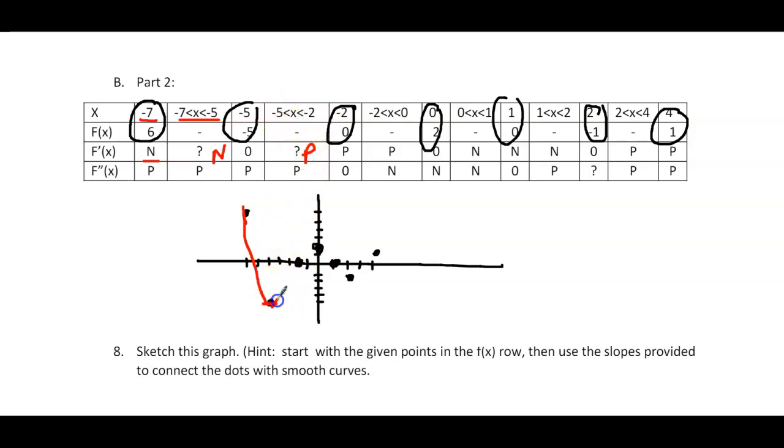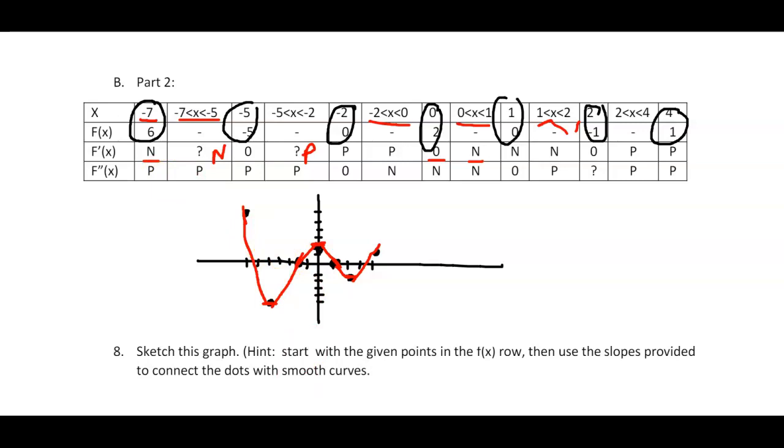Between -5 and -2, it was positive, and at that point it's positive. And then in between -2 and 0, we're still positive. And at (0, 2), we have a flat slope. Between 0 and 1, we have a negative slope. At (1, 0), we have another negative slope, so still going down. Between 1 and 2, we have a negative slope. At (2, -1), we have a 0 slope. And between 2 and 4, we have positive and then positive.